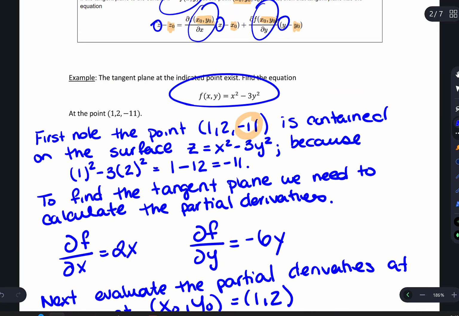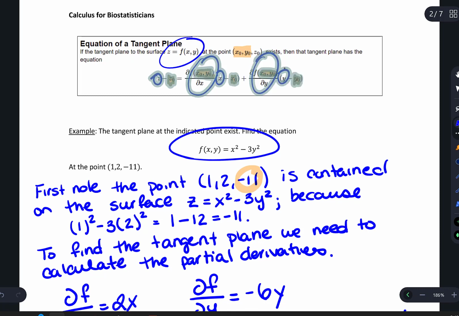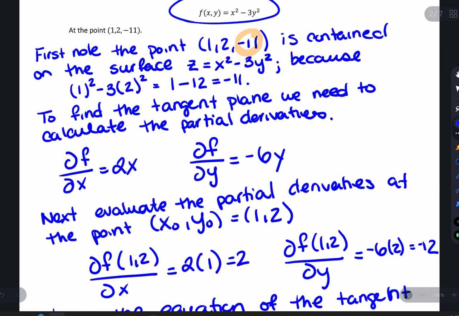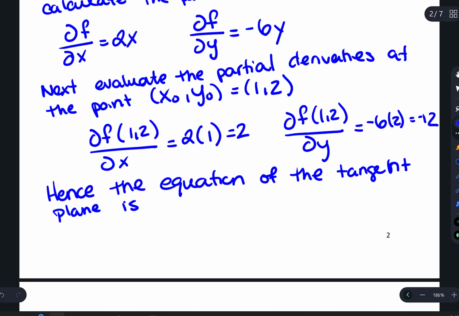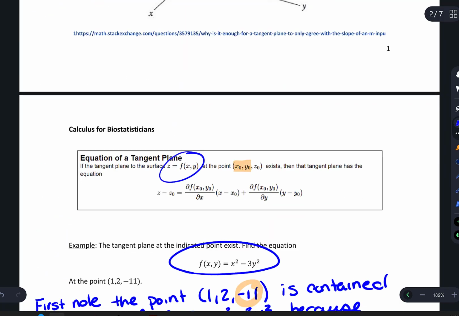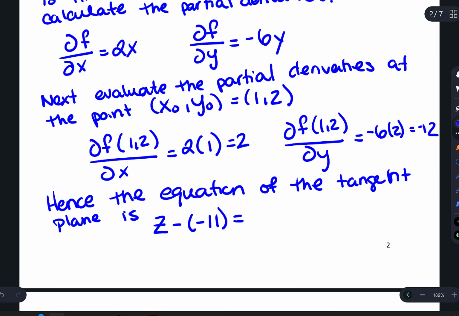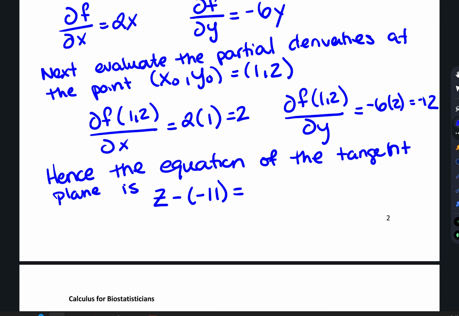We're going to be using the formula here in this box. On the left-hand side of the equation, I'm going to have z minus z naught. Notice z naught here was negative 11. So I'm going to have z minus negative 11 is equal to, and my next term, the partial derivative with respect to x evaluated at the point times x minus x naught. That is going to be 2 times x minus 1.